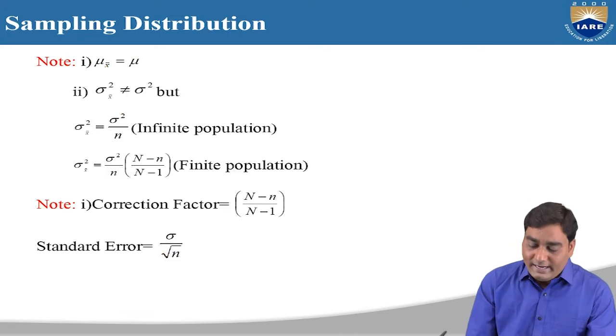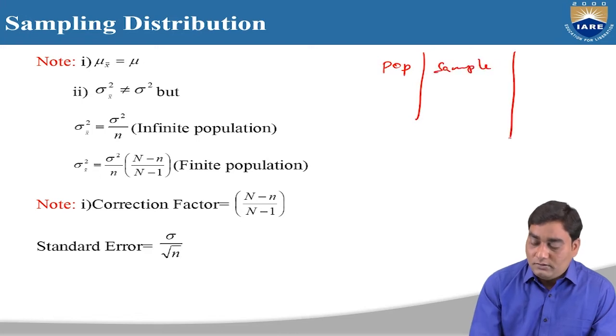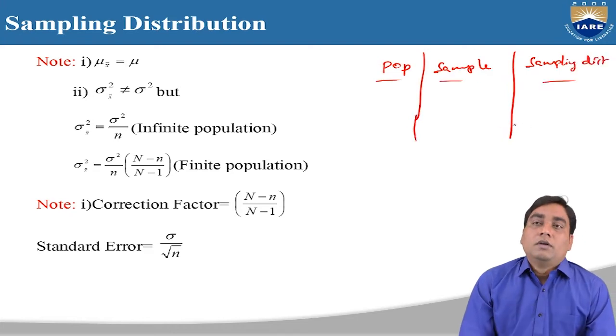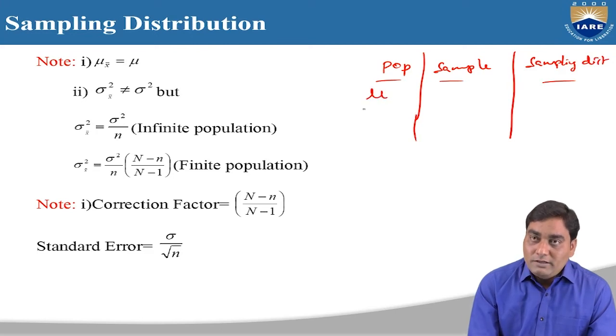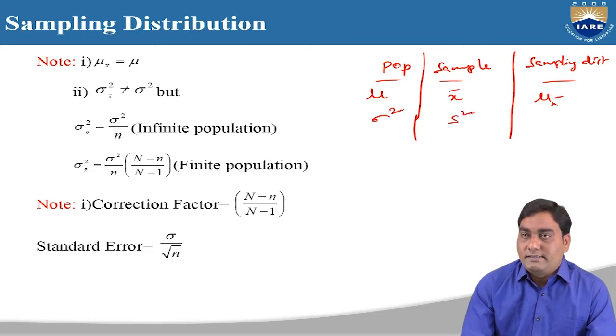Now, finally, we discussed three concepts: population, sample and sampling distribution. Population mean mu, sample mean x bar and sampling distribution mean mu x bar. Population variance sigma square, sample variance s square and sampling distribution variance sigma square x bar.